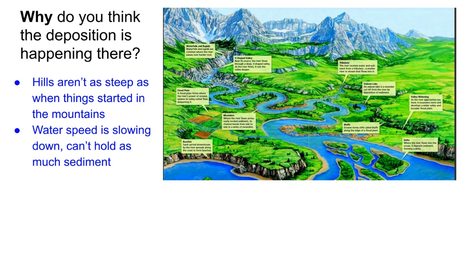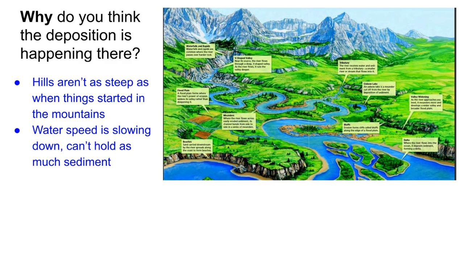So this question was getting at, why do you think deposition, or the depositing of sediments, is happening in these places? Typically down towards the bottom of the mountains. One of the things you should have noticed is that these areas aren't as steep. If it's not as steep, the water's not going to be flowing as fast.